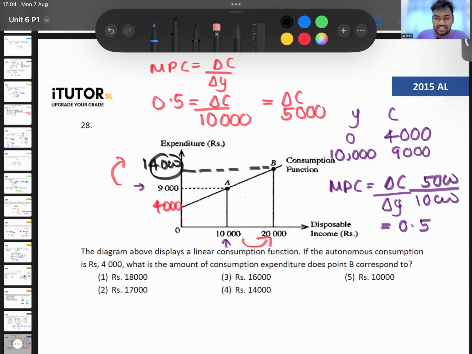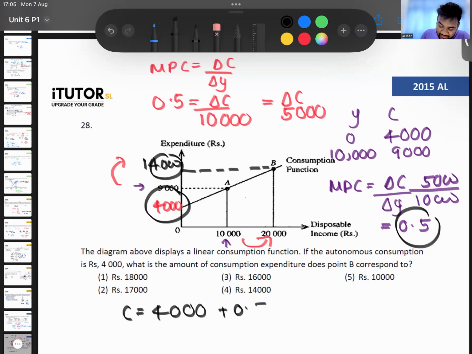Another easy way of doing it is this. Now you have MPC, and you have autonomous consumption. You can make the consumption equation then. So that means consumption is equal to 4,000 plus 0.5 YD. That's the consumption function. So then when YD is 20,000, how much is the consumption?